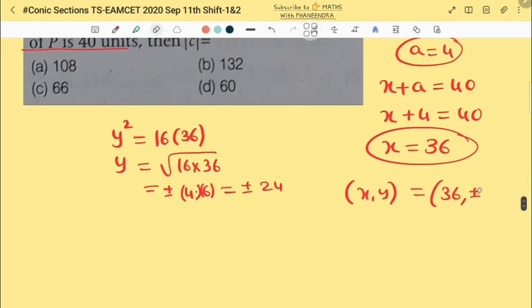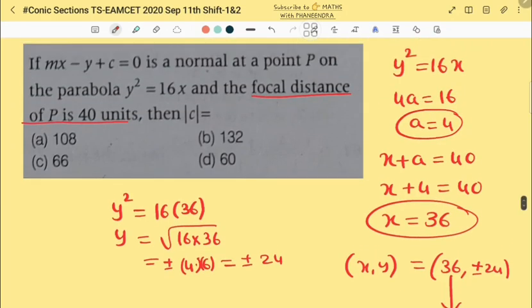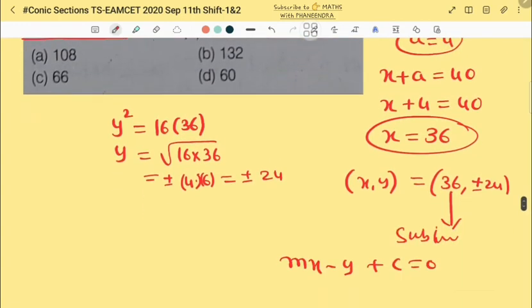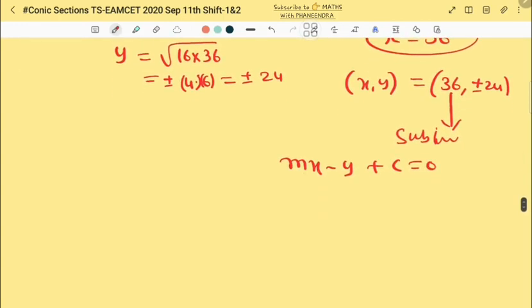So this we substitute in the line mx minus y plus c equal to 0. Wherever x is there, how do we get the m value also?